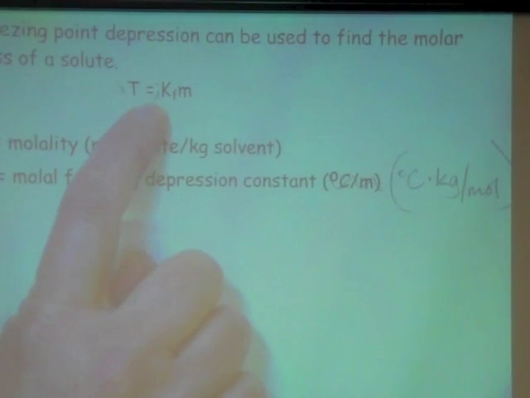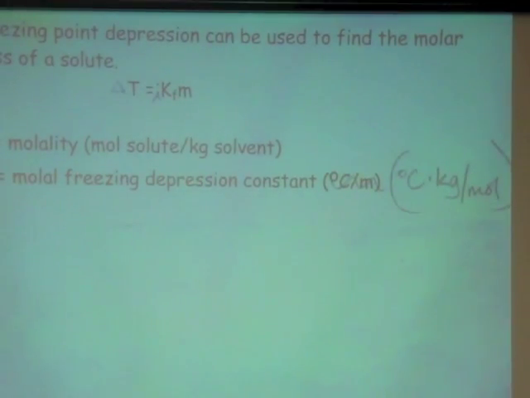And really what it is, you guys, is this describes how many particles the solute dissolves into. So if it's sugar, each sugar stays together as itself, so the Van't Hoff constant is 1. If it's sodium chloride, you're going to get a sodium ion and a chloride ion, so the Van't Hoff's constant will be 2.